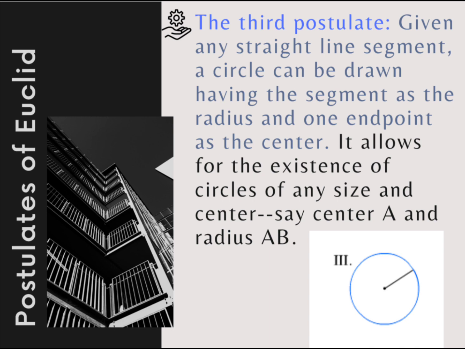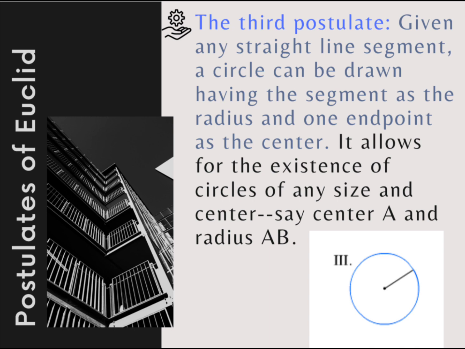The third postulate is: given any straight line segment, a circle can be drawn having the segment as the radius and one endpoint as the center. Earlier, in the first and second postulates, if we have 2 points, we can connect them into a straight line, and that line can be extended indefinitely.